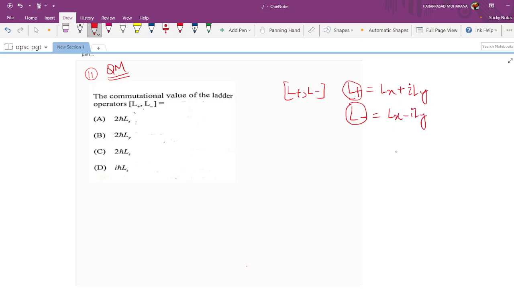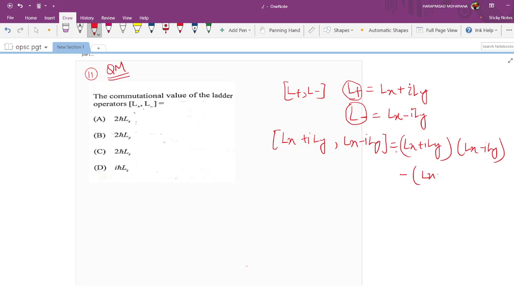And if I put it in the commutation, you will get [Lx + iLy, Lx - iLy]. You now open the brackets, so you'll get (Lx + iLy)(Lx - iLy) minus (Lx - iLy)(Lx + iLy). These are operators, always remember that.